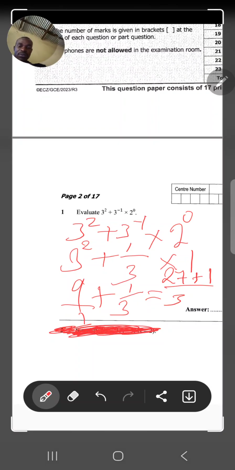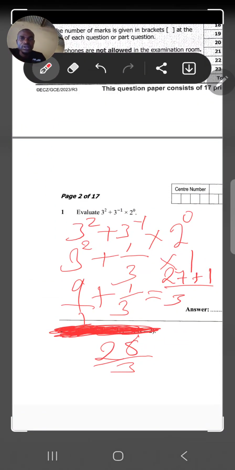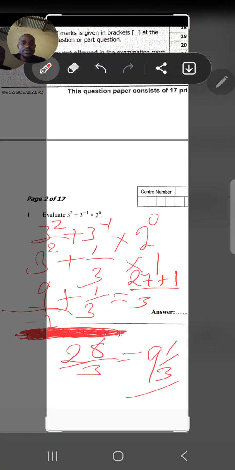So that is going to be 27 plus 1, that is 28, divided by these 3 here. So 3 into 28 is 9 remainder 1, so 9 and 1 over 3. This is our final answer.